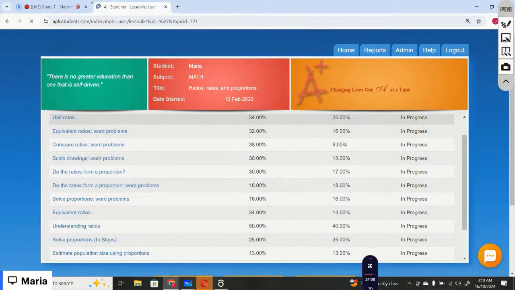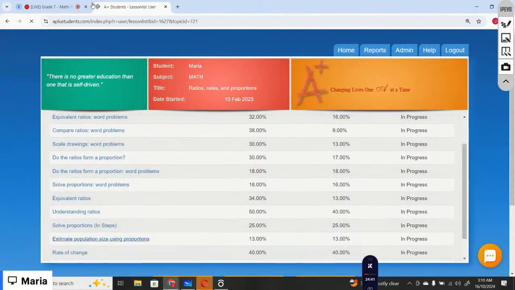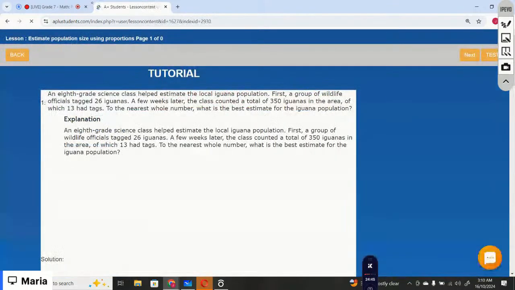The next lesson is estimate population size using proportions.